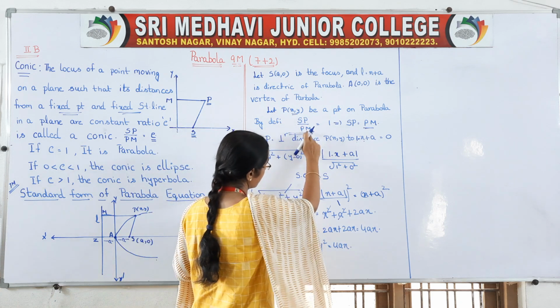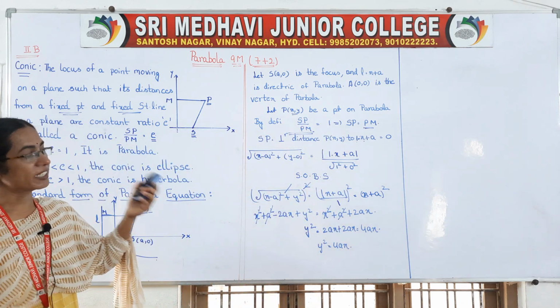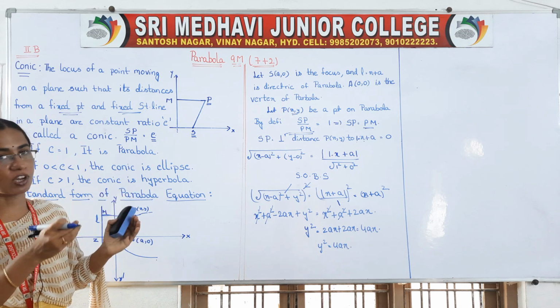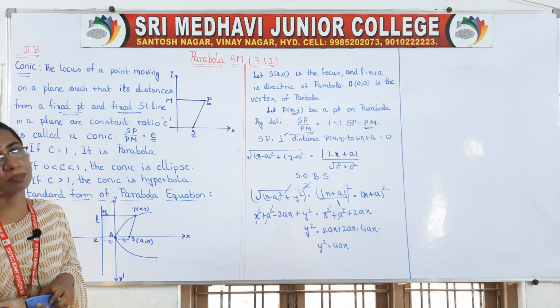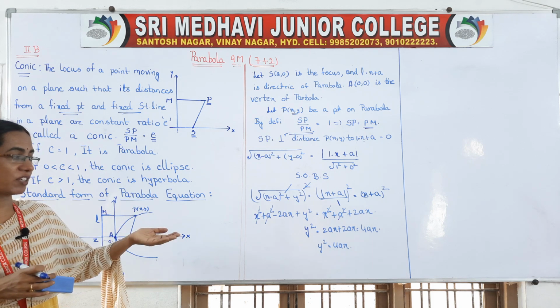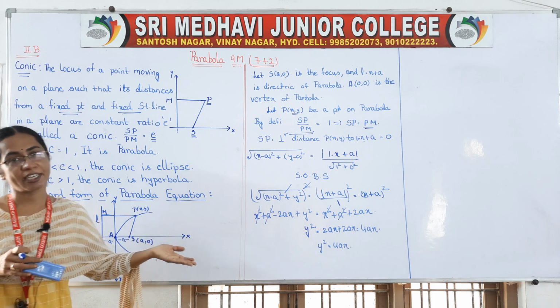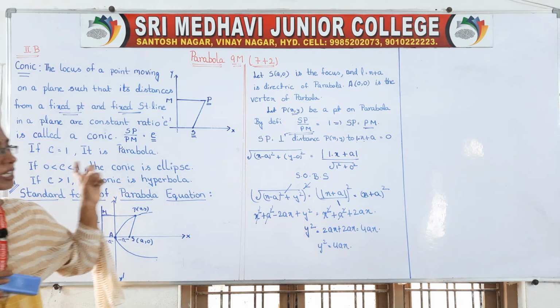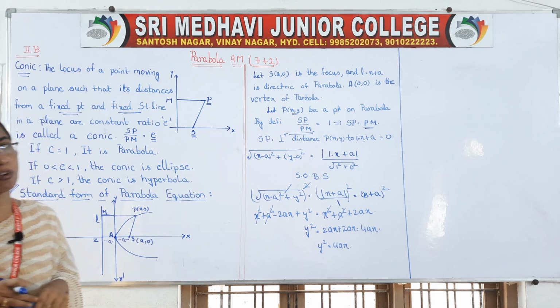The geometrical condition is SP by PM is equal to 1. Then we selected an appropriate formula to convert that geometrical condition into algebraic form. At the end, the equation must be in terms of x and y. Same thing we did here. So here the geometrical condition is SP by PM is equal to 1.